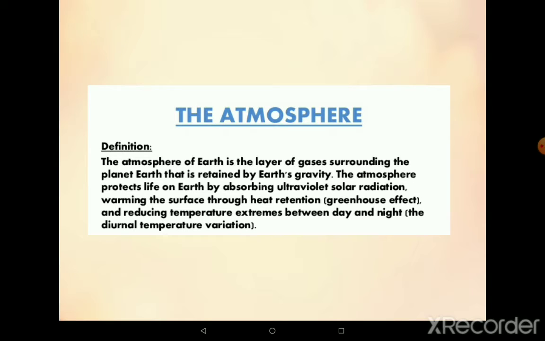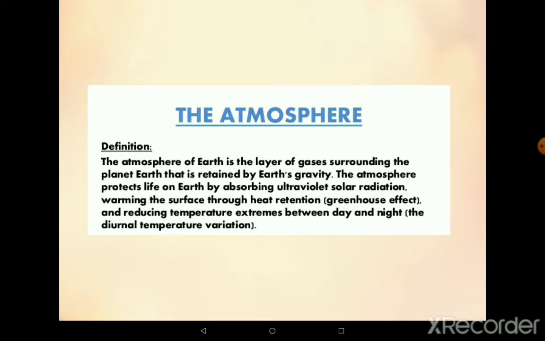In simple language, the realm of air that surrounds the earth is called the atmosphere. This layer remains bounded to the earth due to the force of earth's gravity.